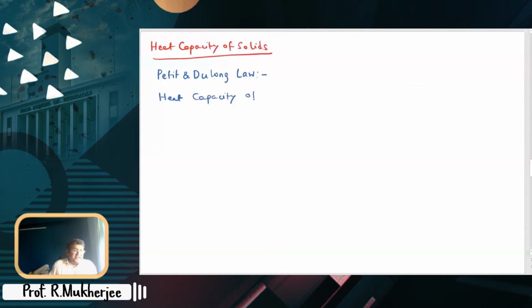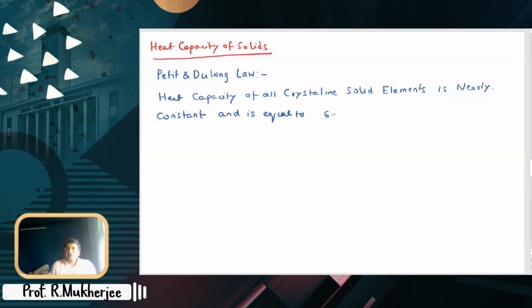Heat capacity of all crystalline solid elements is nearly constant and is equal to 6.2 calories per gram atom Kelvin.